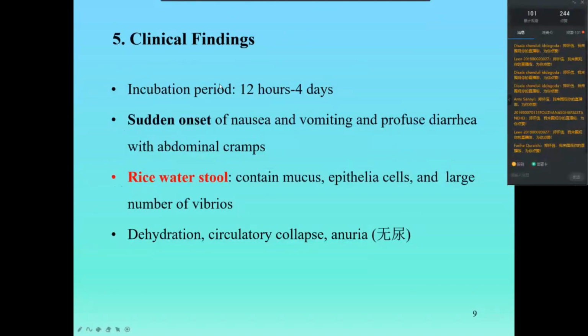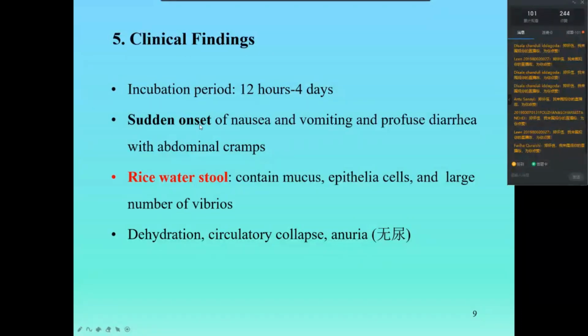And clinical findings: the incubation period for cholera varies in different patients from 12 hours, so that's half a day, to 4 days. But one interesting and important property of the disease is that the onset is very quick.